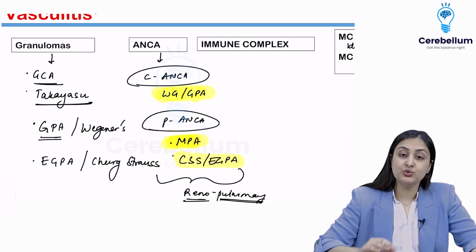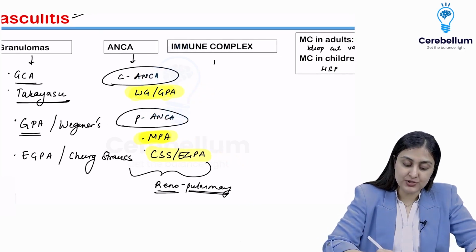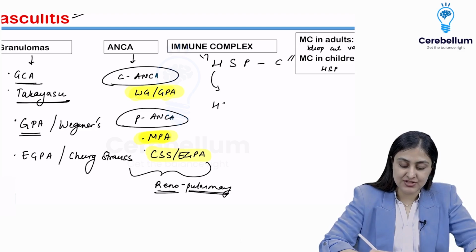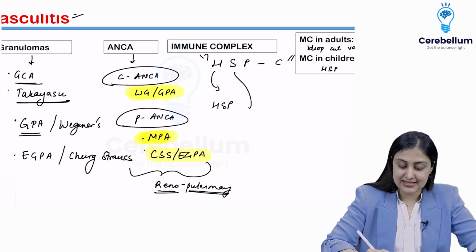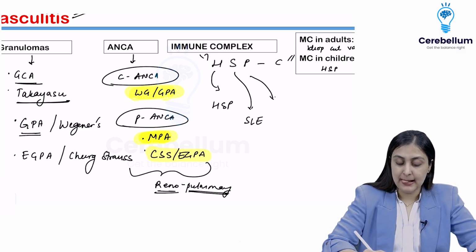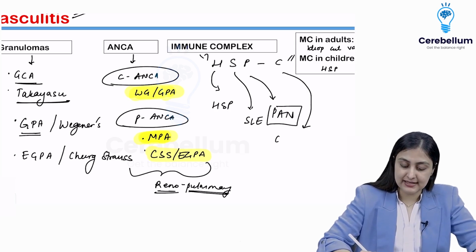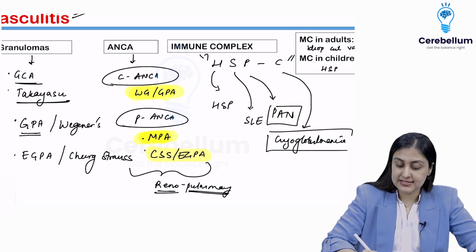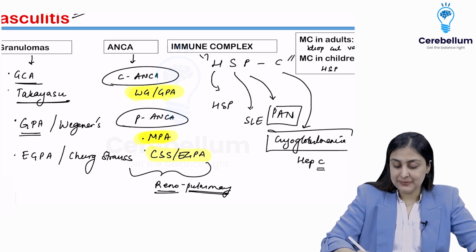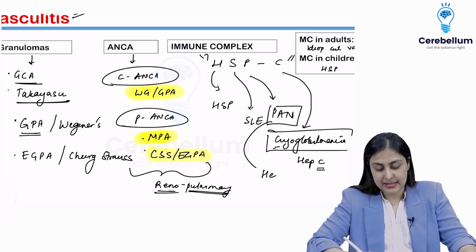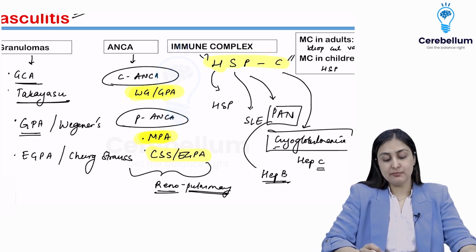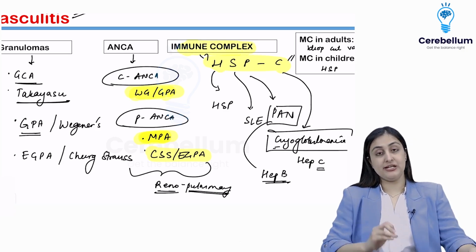Then we have immune complex deposition. So in immune complex, you want to remember HSPC as the mnemonic. Out of HSPC, H is HSP, Henoch-Schönlein purpura, S is SLE-induced vasculitis, P is PAN, very important, polyarteritis nodosa, and C is cryoglobulinemia, which is associated with hepatitis C. So remember, cryoglobulinemia, C for hep C, whereas PAN is P, you can make as B, hepatitis B. Alright, so this is the most important HSPC, immune complex mediated vasculitis.